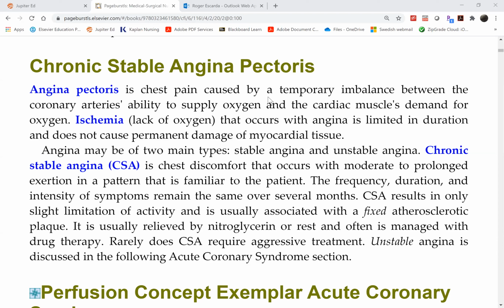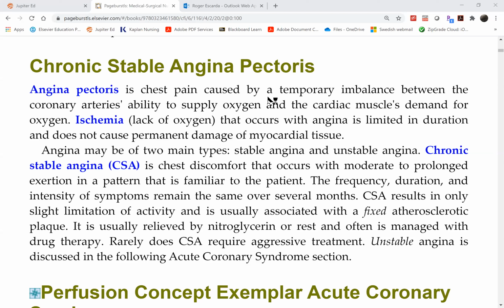So same thing, you are shoveling snow, you're doing a strenuous activity. So you increase oxygen demand, in which the atherosclerotic coronary artery is already partially blocked, so therefore it is unable to supply the increased oxygen demand, causing ischemia, which is manifested as chest pain. Again, naturally, that will stop your activity.